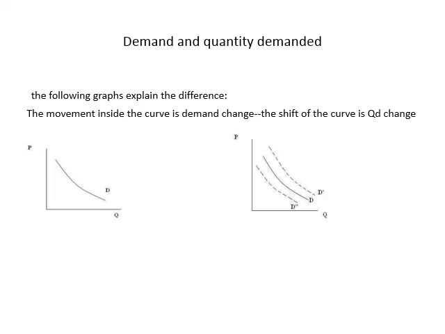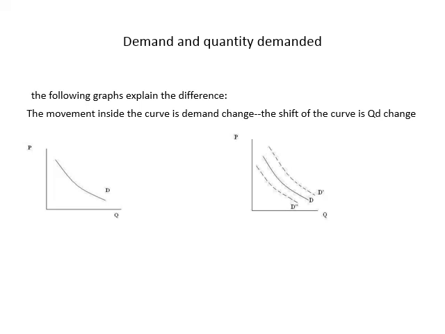The movement inside the curve from one point to another means change in quantity demanded due to the change of price. So the left graph talks about the change in quantity demanded.